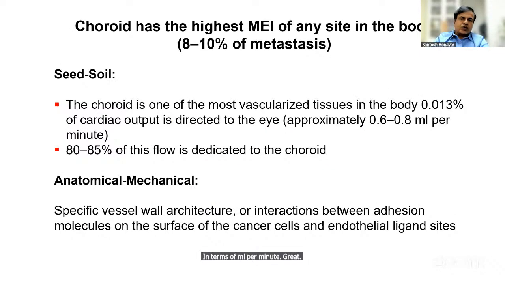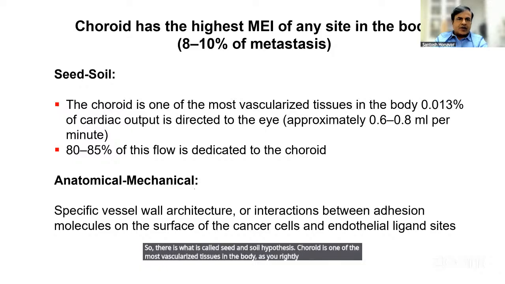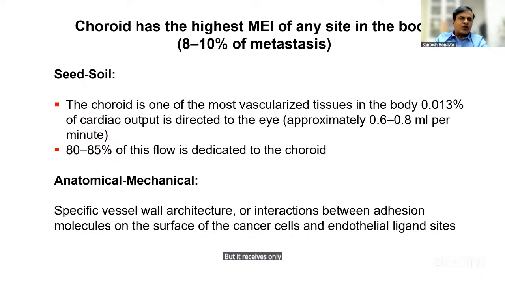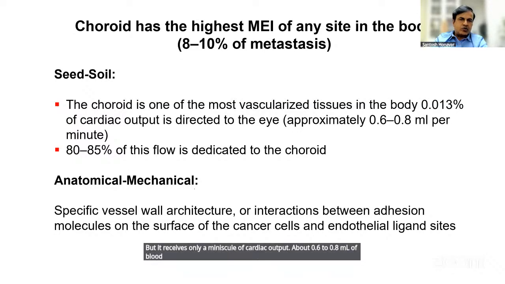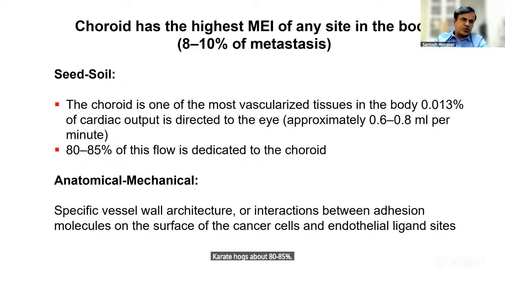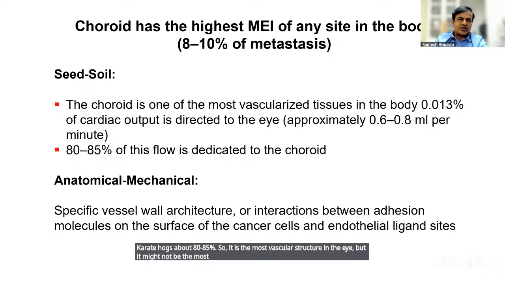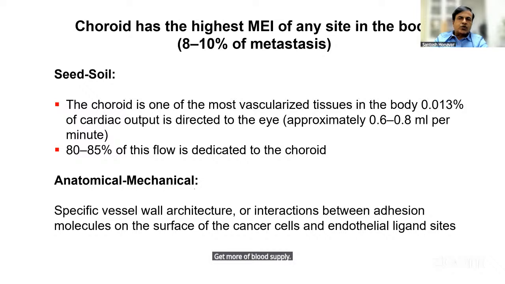So there is what is called seed and soil hypothesis. Choroid is one of the most vascularized tissues in the body, as you rightly said, but it receives only a minuscule fraction of cardiac output. About 0.6 to 0.8 ml of blood is pumped into the eye, of which choroid hogs about 80 to 85%. So it is the most vascular structure in the eye, but it may not be the most vascular structure in the body. There are other structures that get more blood supply, but it also has what is called anatomical mechanical predisposition.